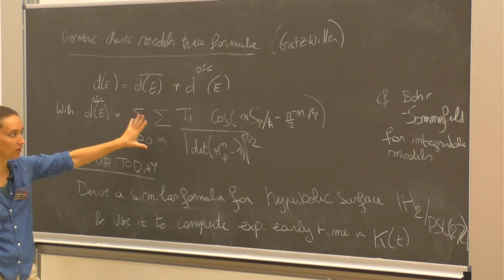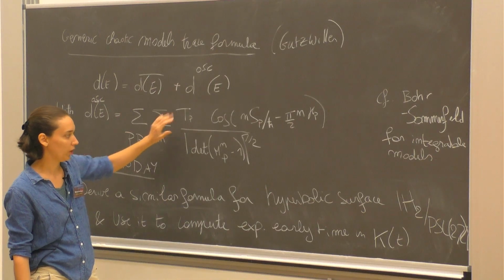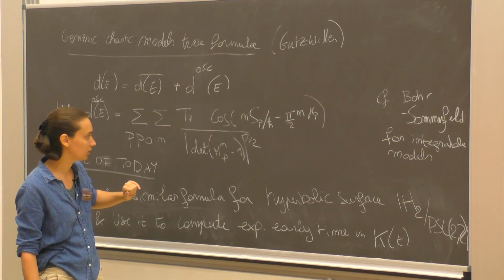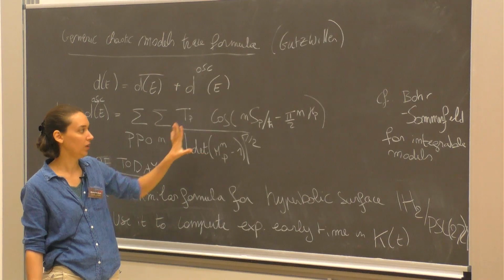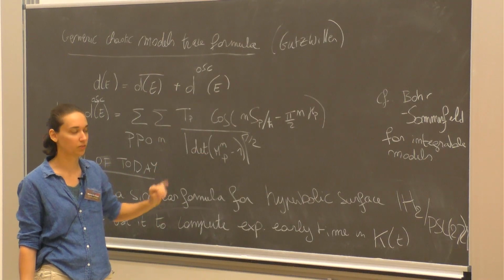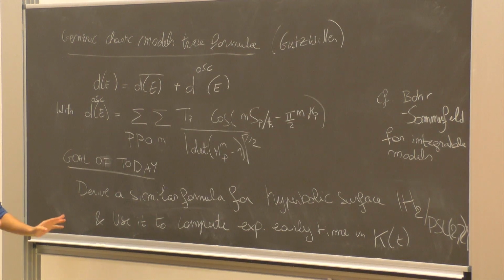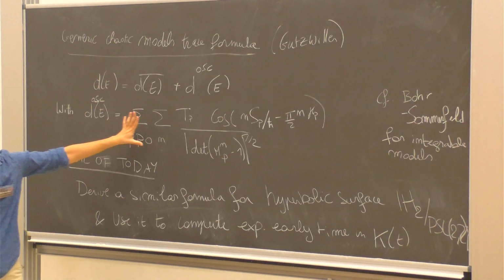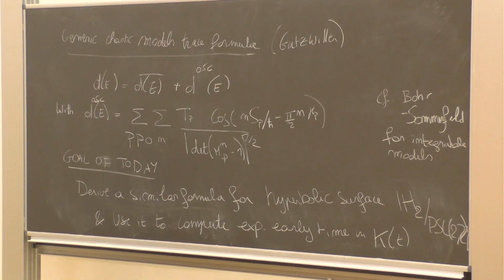What it usually looks like in chaotic models is something like this, where yesterday I went over these different ingredients in this formula, but hopefully whenever we get to the formula, we'll be able to identify the various ingredients and understand somewhat how they came about in the specific setting. Of course, you could also try to derive this formula, but then you need to go through a lot more steps.